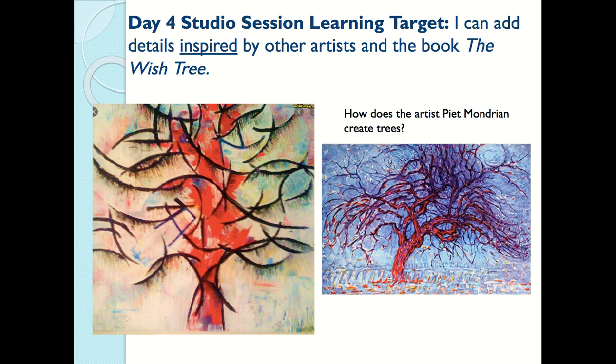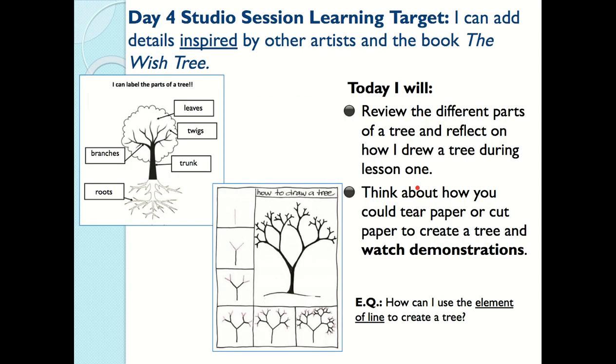So again, you could borrow the idea of these simple curved rainbow lines or these twisting wiggly lines when you create your tree if you want to use a tree to finish your artwork.